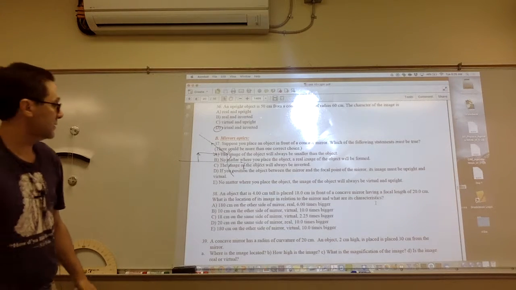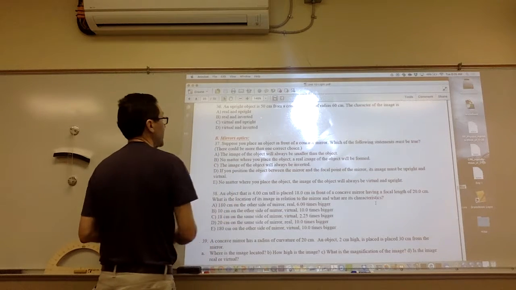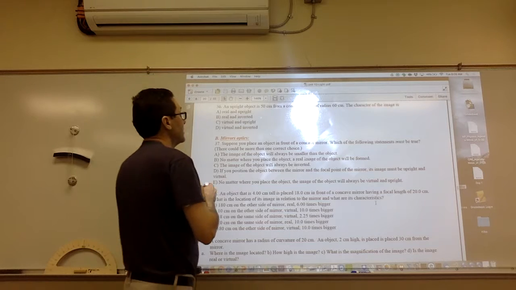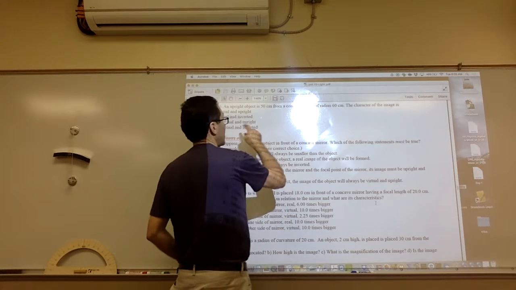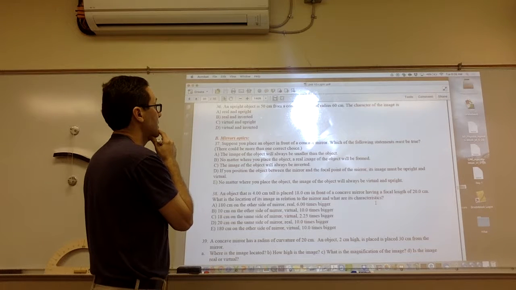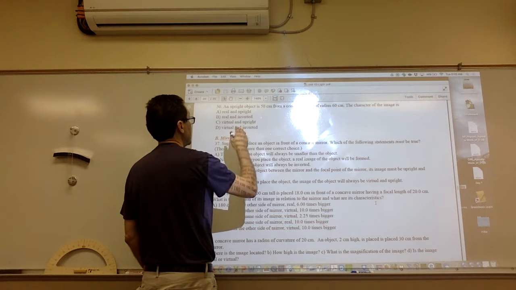All right, let's look at 36. An upright object is 50 centimeters from a concave mirror of radius 60 centimeters. So basically we are between the center and the focal point. The character of the image is, so it's going to be large.